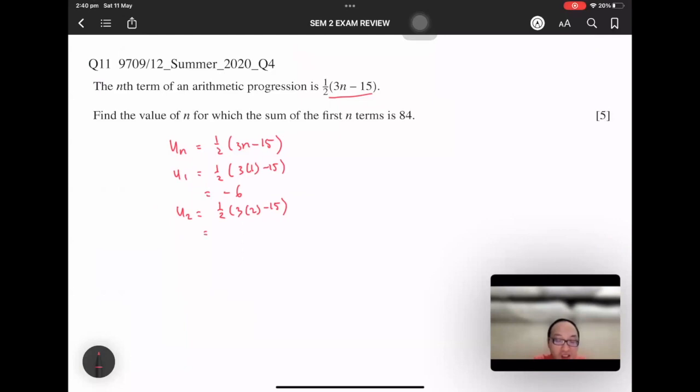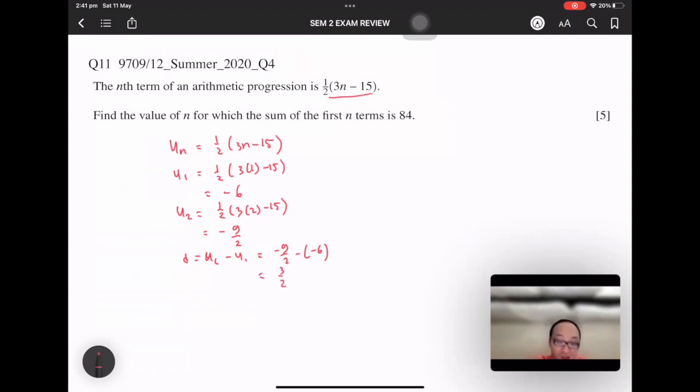Now 6 minus 15 is -9, so it's -9/2. So the d is u2 minus u1, equals -9/2 minus -6, so -9/2 plus 6. It is 3/2.